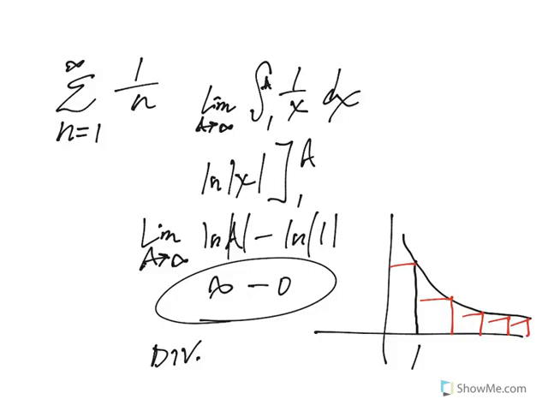The fact that I'm undercounting it by these little semi-triangular shapes doesn't really matter. The sum of those rectangles will also be infinite, so this thing is going to diverge. However, this goes to 0. The limit as n goes to infinity of 1 over n is 0.